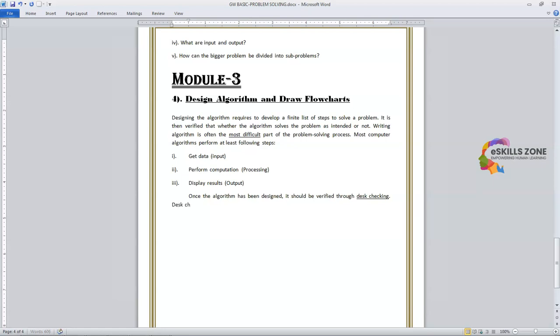Desk checking is an important part of algorithm design that is often overlooked.